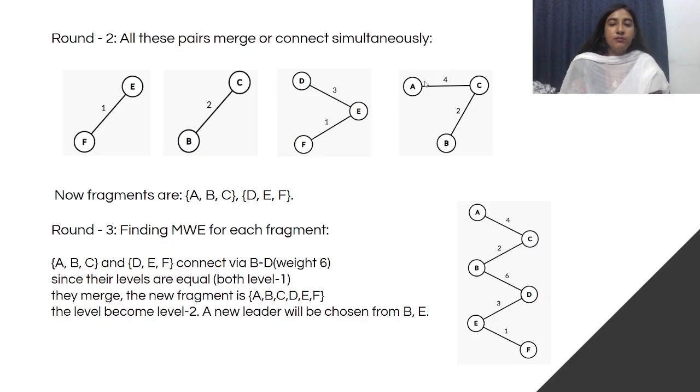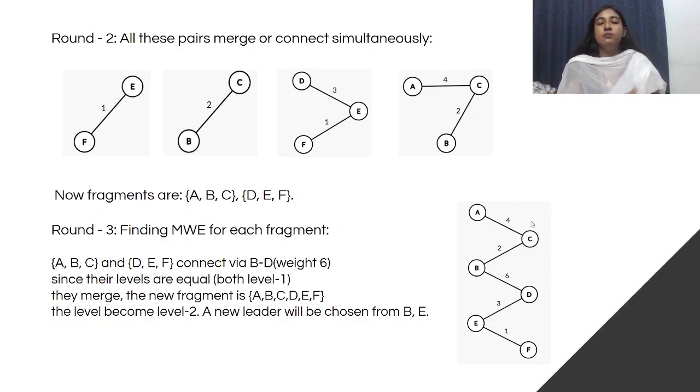Similarly, A and C try to connect. C is connected with B. So A, B and C create a new fragment. And there is a leader, which I can see is B or C. And here is the final fragment.